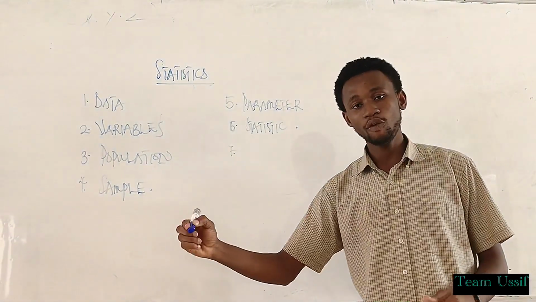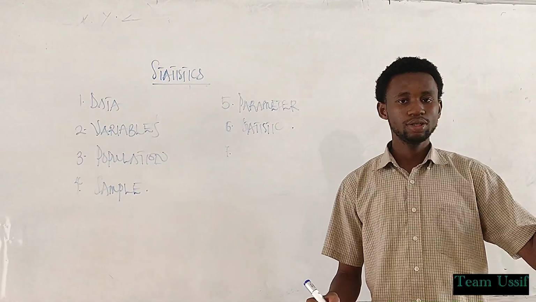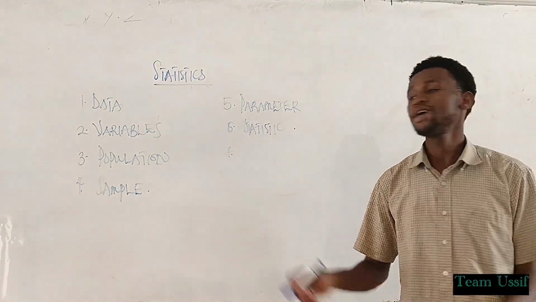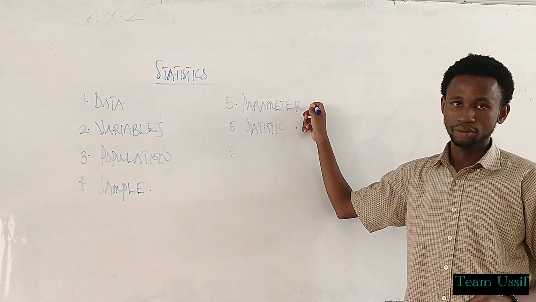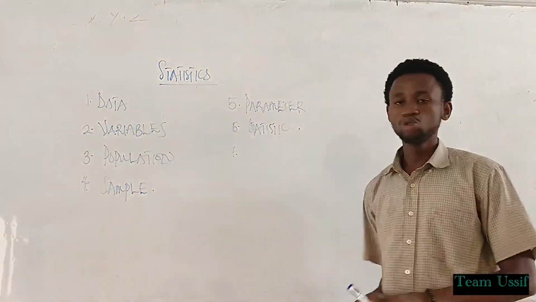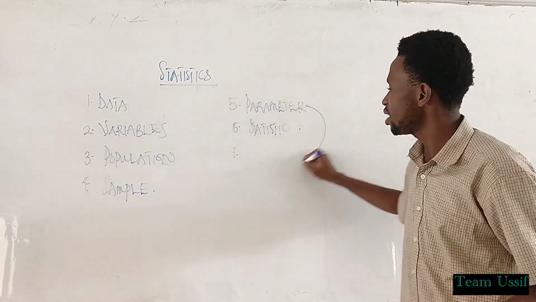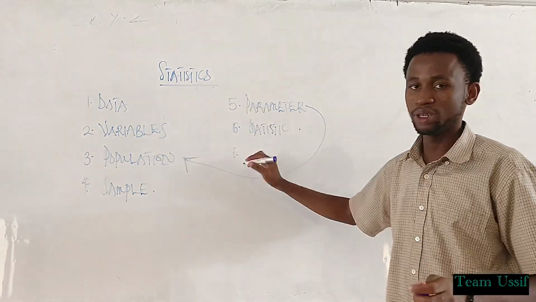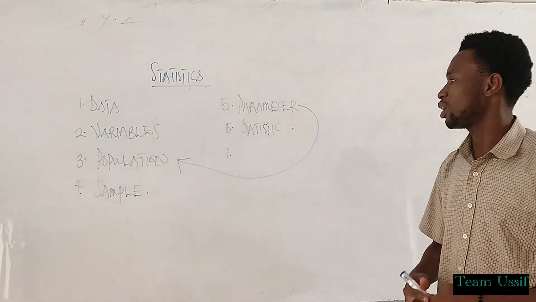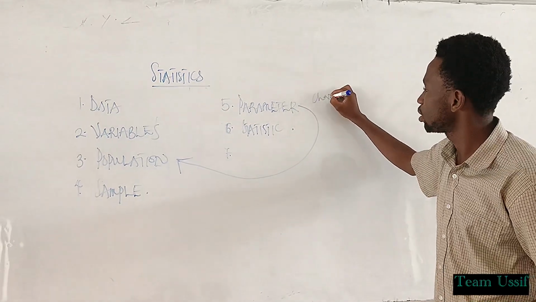The height of all UDS students is the parameter, and all UDS students is the population. So the parameter is a subset of the population, but the main key factor is what? The characteristic.